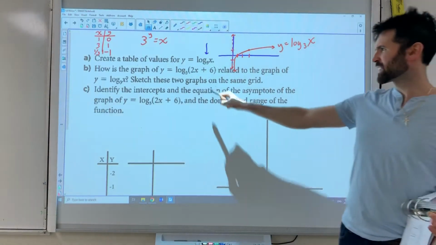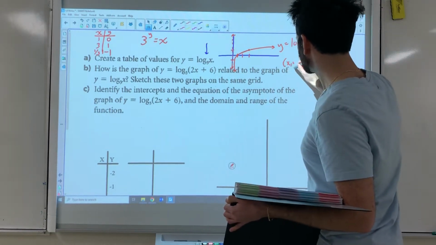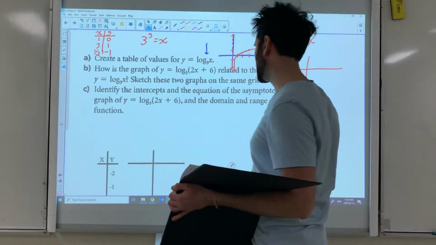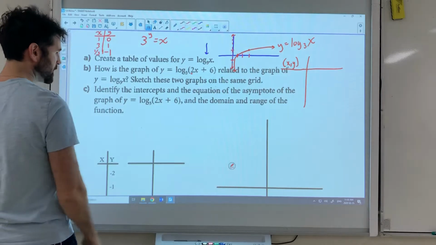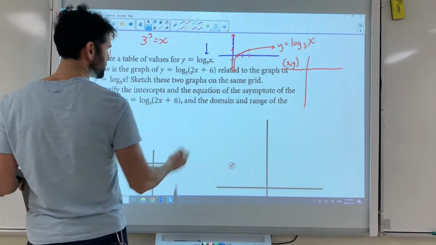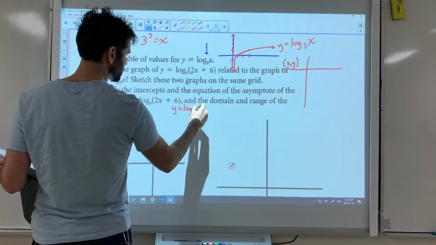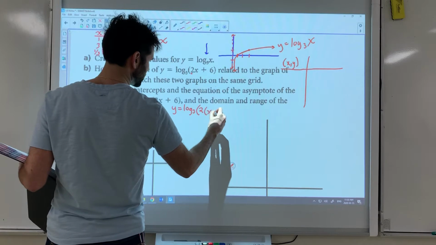So what kind of transformations are happening here? Well, all our xy points on this graph are going to be transformed how? We need to pull out the 2 because the coefficient of the x must be +1. So now we know we're looking at the graph of y equals log base 3, pull out the 2, and we get x plus 3.